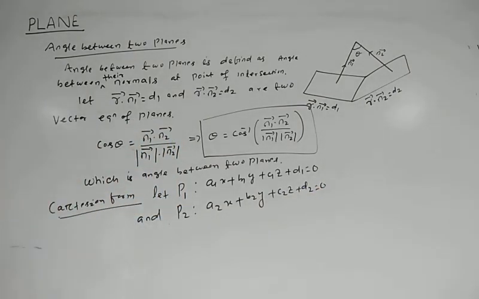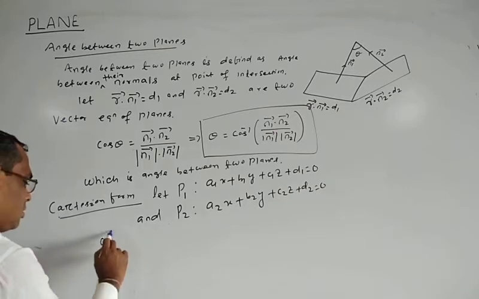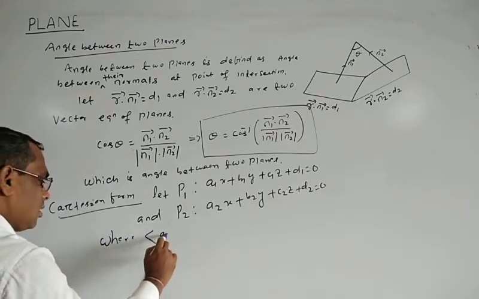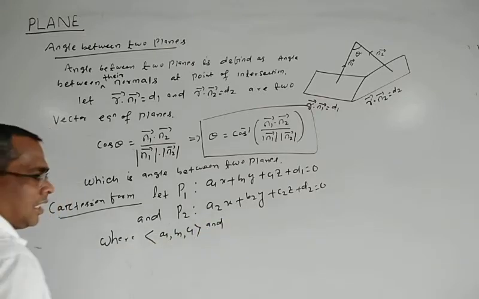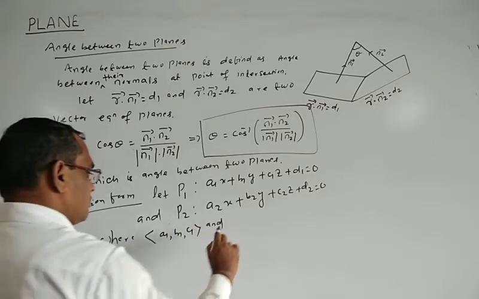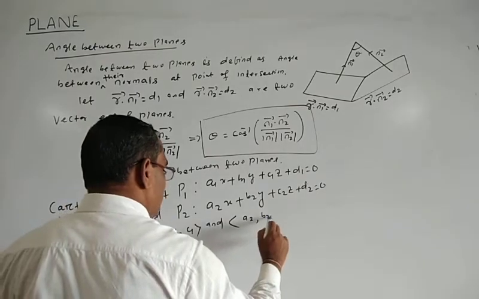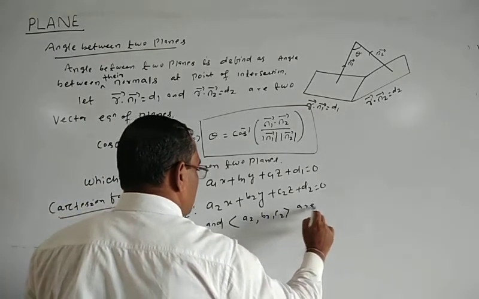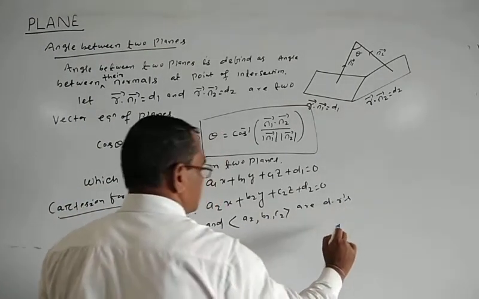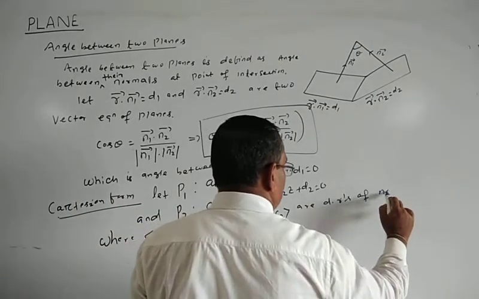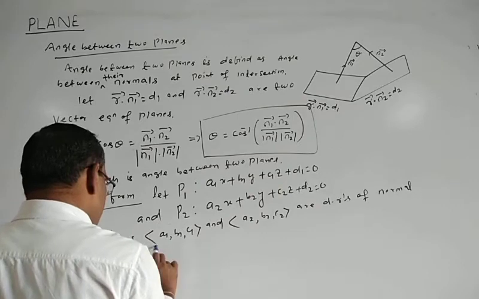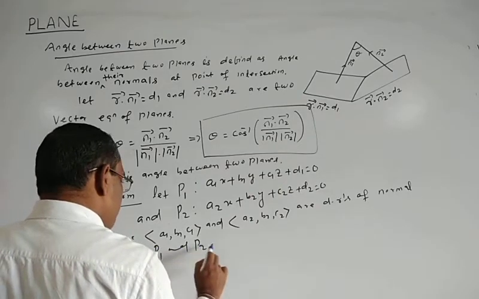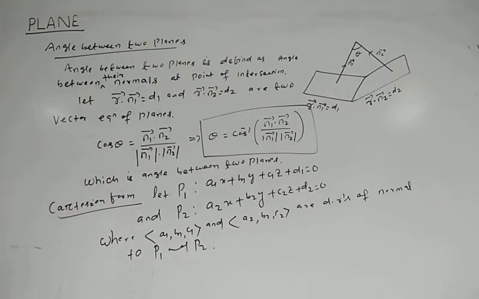These are two given equations of the planes where A1, B1, C1 and A2, B2, C2 are direction ratios of the normals to P1 and P2.